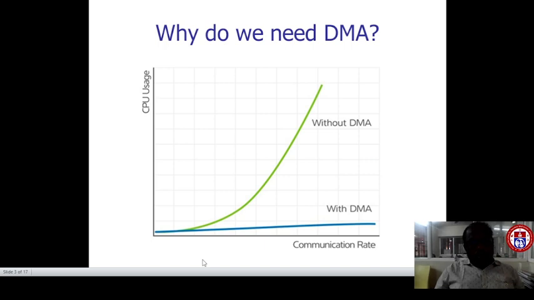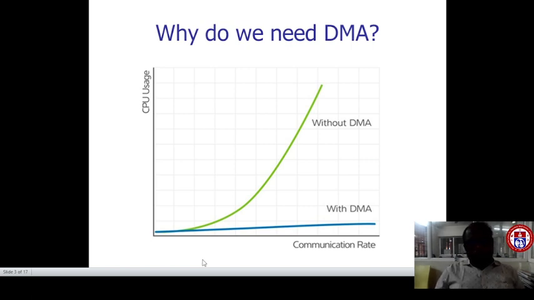That means for each and every data transfer we need the CPU. The concept of implementing DMA is to avoid CPU utilization. With DMA we can see the CPU utilization is very low.